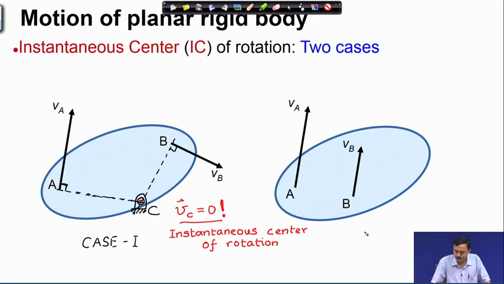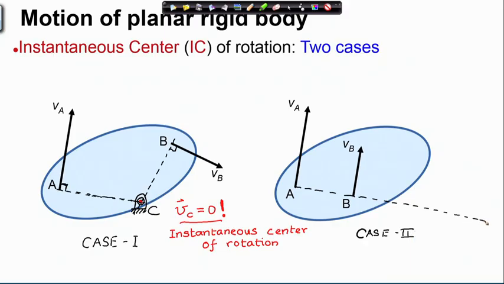Now, we come to case 2. The velocities of the 2 points A and B might be like this. I can of course draw a common perpendicular direction, but beyond this I do not have a clue how to locate C. But then remember, if some point is to be hinged, which is the instantaneous center, then the velocities of these points A and B must be proportional to the distance from that point.